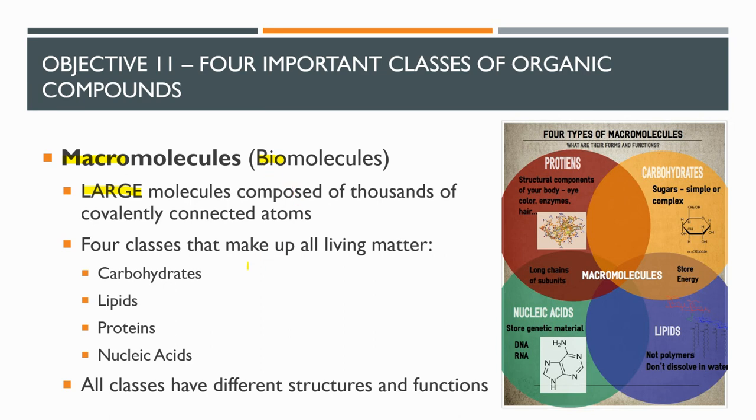We have 4 different classes that make up living matter, and we're going to spend a pretty decent amount of time on each one. We have carbohydrates, lipids, proteins, and nucleic acids. And these are the basic building blocks of our bodies and of our cells.